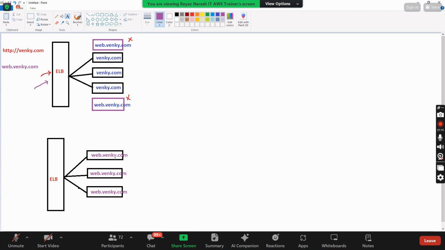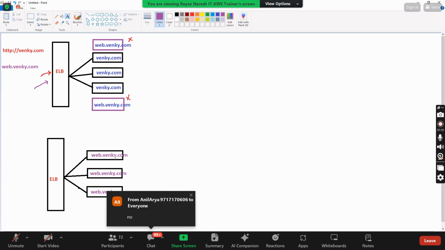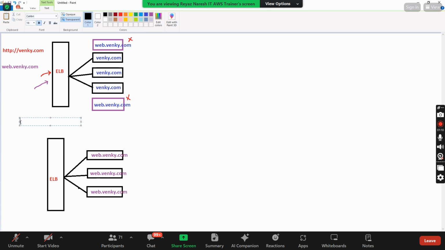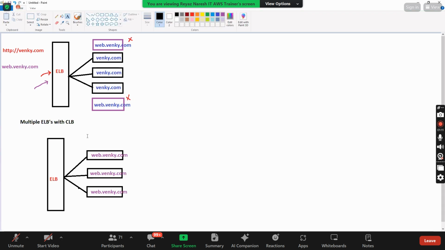For each and every website, is it possible to create a separate load balancer? No. That is the problem with CLB, the classic load balancer. For each and every website, you need to create multiple load balancers. Is that good?